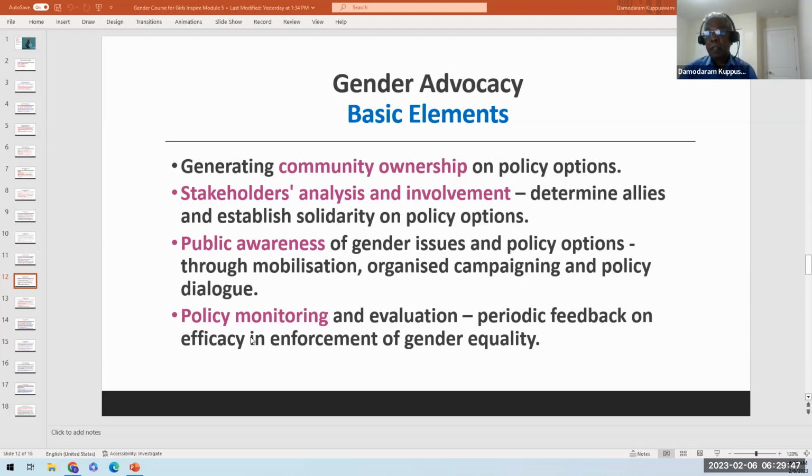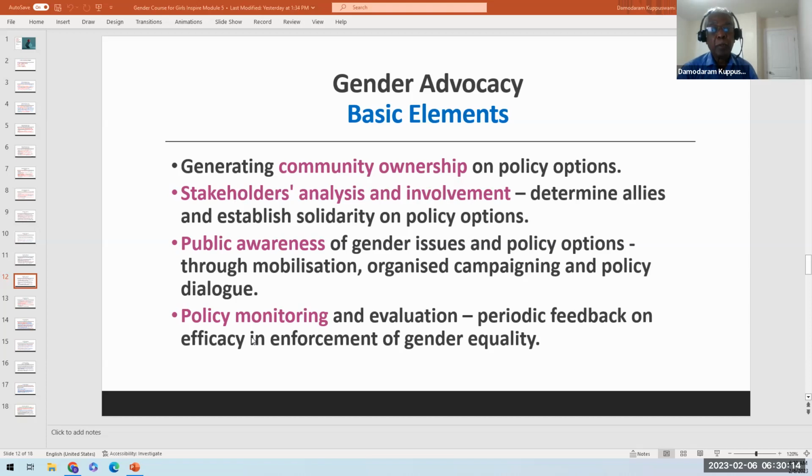And then, whether the policy is reviewed or a new act comes, gender advocacy involves monitoring the enforcement of those policies at periodic intervals, so that you give feedback. After all, why we are influencing a particular policy is to ensure that the people benefit.